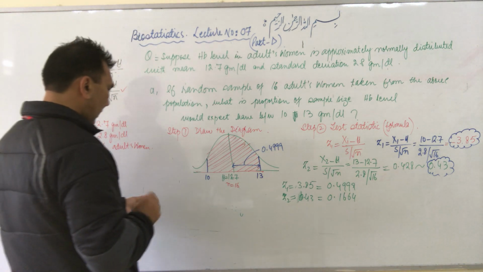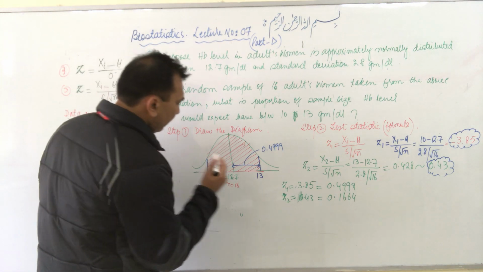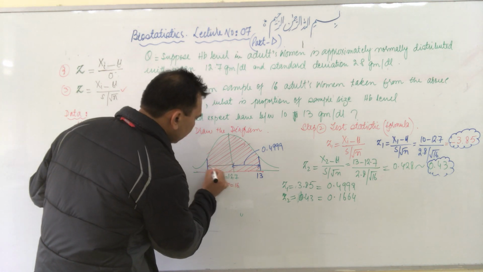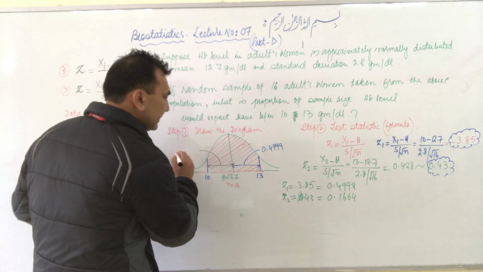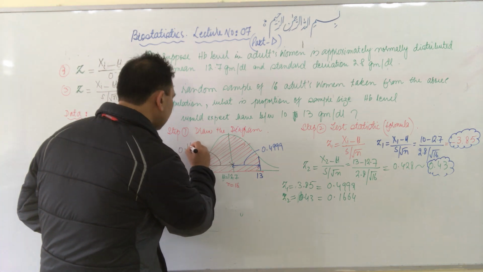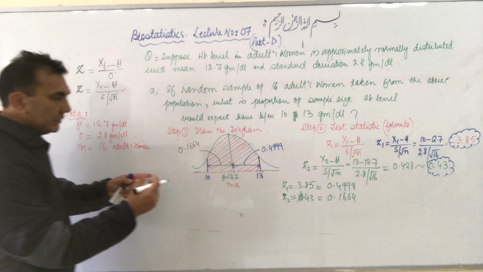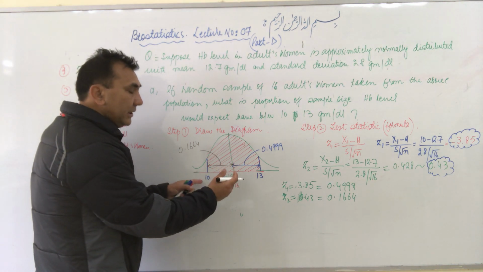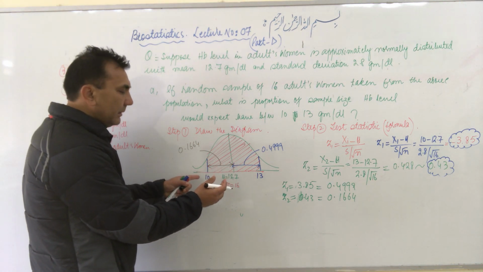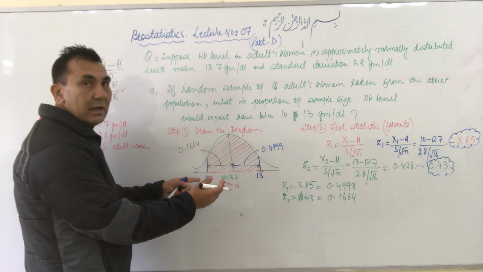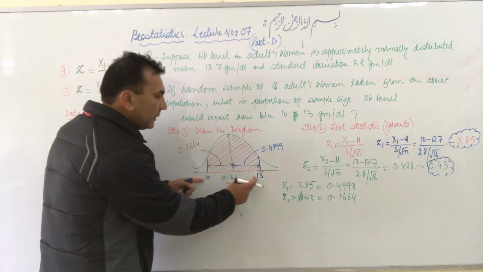Now from here to here, it is 0.1664. Now our concern is, what is the probability that the 16 adult women would have the hemoglobin level between 10 to 13?